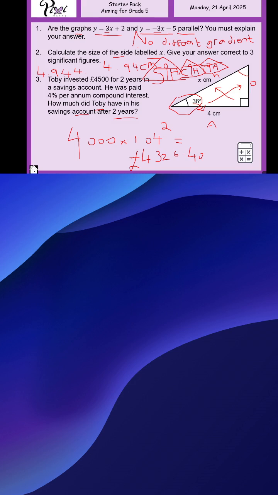Compound interest. So does that make sense, guys? Yes, Reg. So that extra amount is that percentage, obviously increasing it.